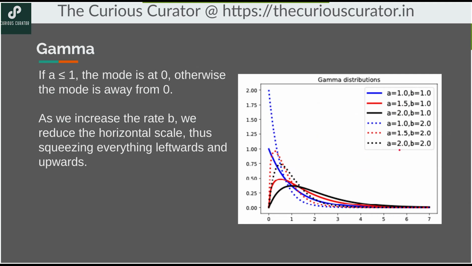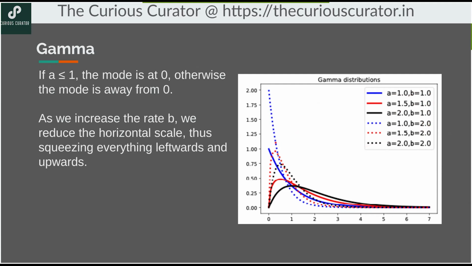Okay. The next one is the rate parameter, which is b. Again, you can compare the same colors for b also. If you compare blue with blue, you can see b equal to 1 and b equal to 2.